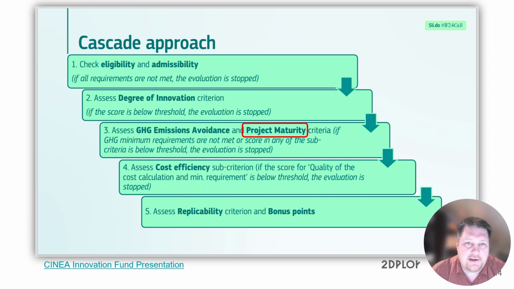And further, in the qualification of your project, it's important to see that the evaluation of the project will be done as a cascade. So you need to comply with each of these steps before you are allowed to the next level, and you can be discarded at any of these steps. First of all, your project needs to be eligible and also admissible.